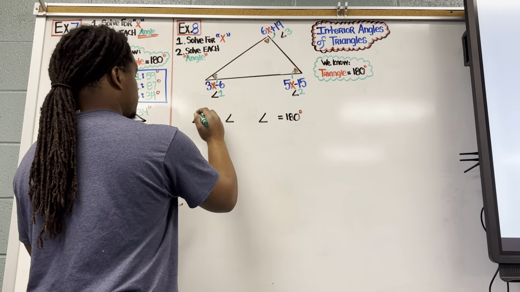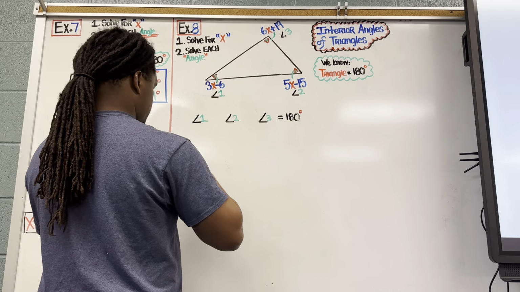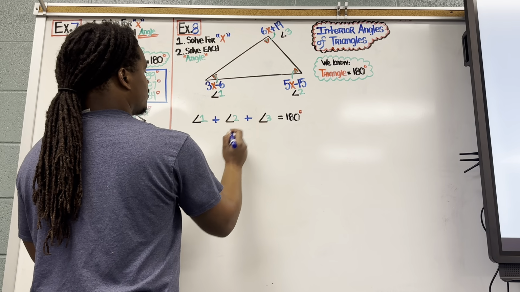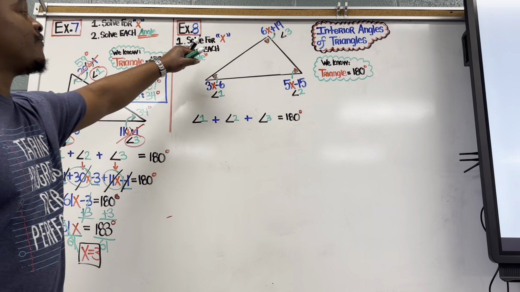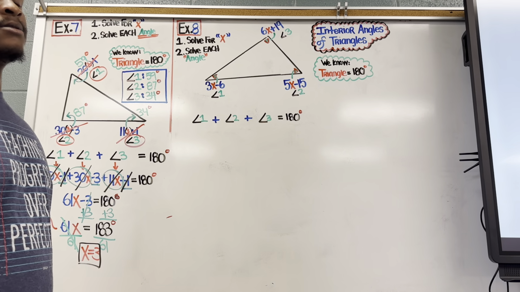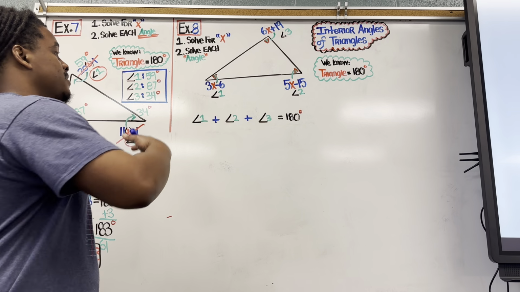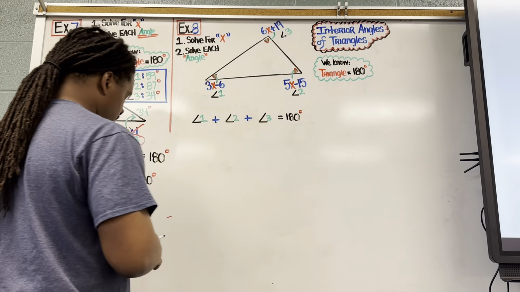So this angle 1, angle 2, angle 3, and once again, if we add them all together, that will equal 180 degrees, right? And remember, guys, the first step, we need to solve for x because we don't know the value of each x, okay? Which will make the expression true that represents each interior angle. We don't know the value, right? But we can solve for the value, all right?